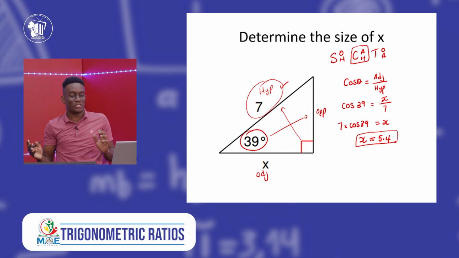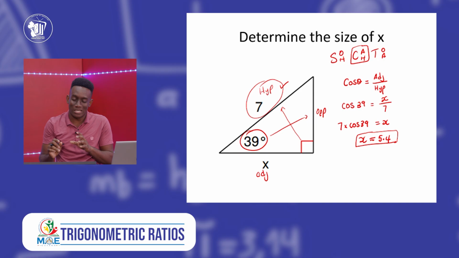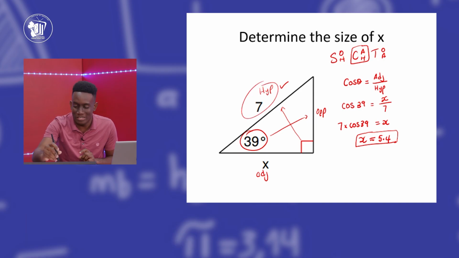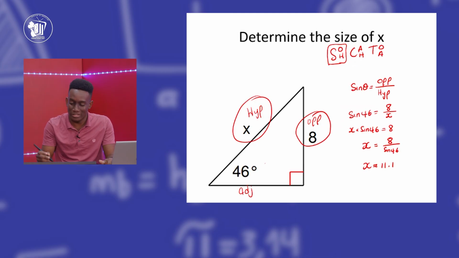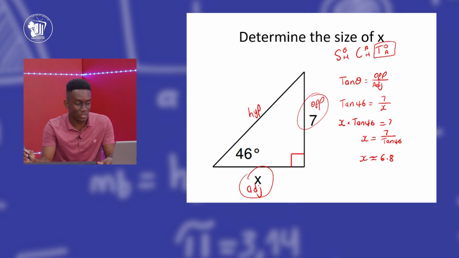So one thing we should notice that you don't want to take for granted is that all the answers that we found are around the range of the numbers that we're given. For example, we were given 7 here, and the answer that we found was 5.4, and in this one we were given 8 as one of the sides, and the answer here, which was the longest side, was 11.1, and so on.